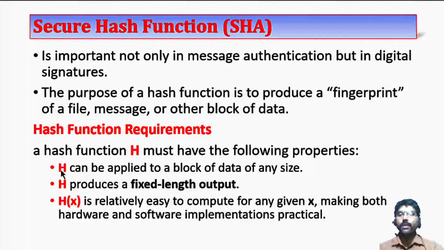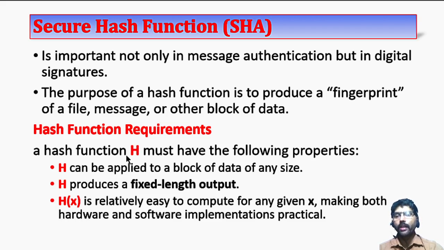The first one is H can be applied to a block of data of any size. The first property tells you that I can give any block of data of any size. It's not limited to a small one. I can give the block size anything, variable size.